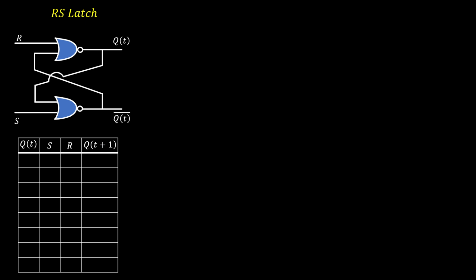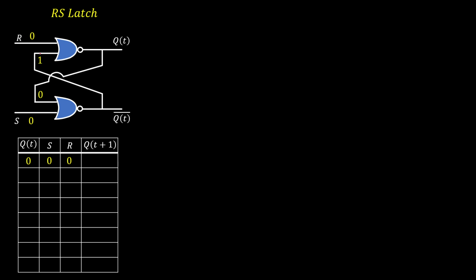Now let's see the first condition where QT is 0, S is 0 and R is also 0. R is 0, S is 0, present state is 0 and complement of present state is 1. Now QT and QT bar will go to the input.